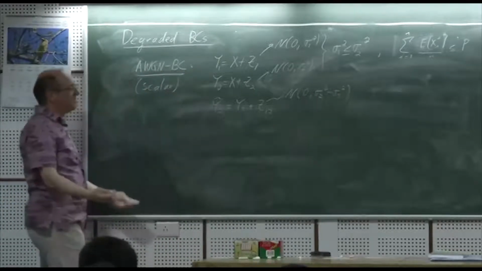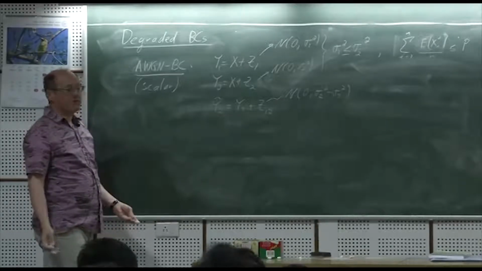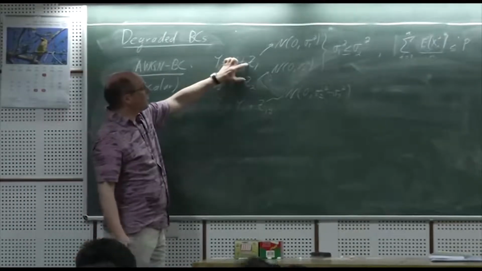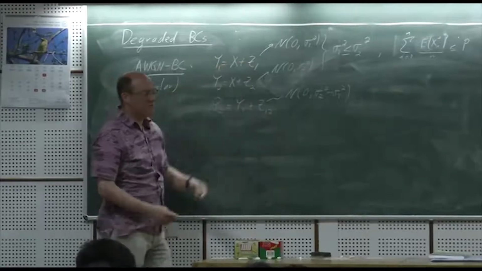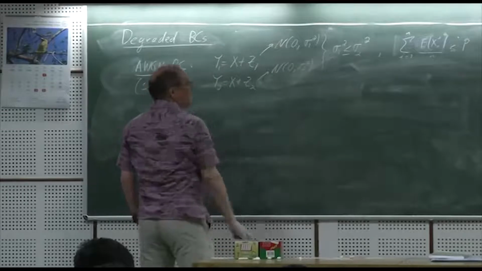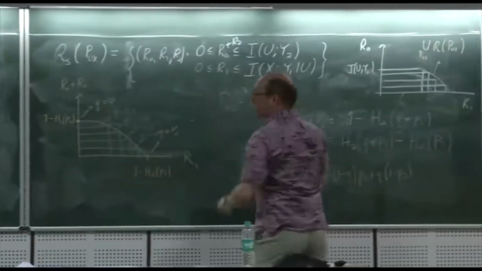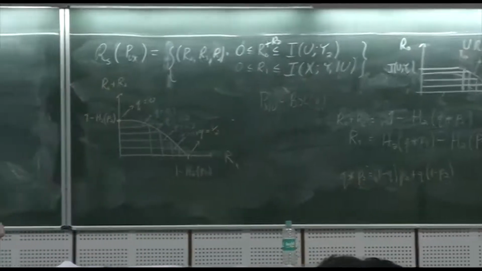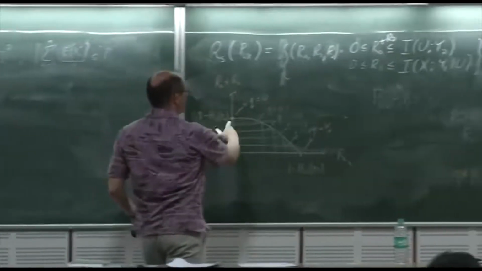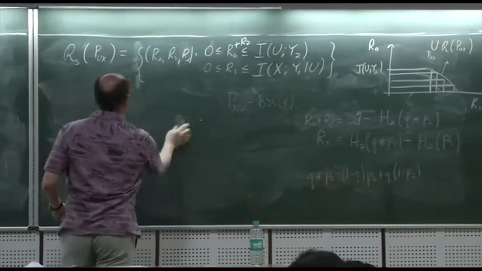So clearly this channel is stochastically degraded. It's not necessarily physically degraded unless there's some special correlation between these two. But it definitely is degraded, and because it's degraded, we know this is the capacity region. So let's try to compute this region, and then we can again plot curves like this. That's what we'll start doing.